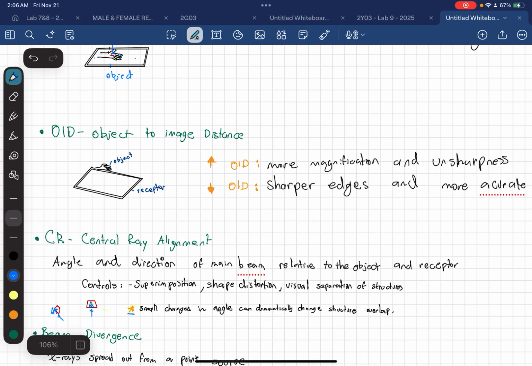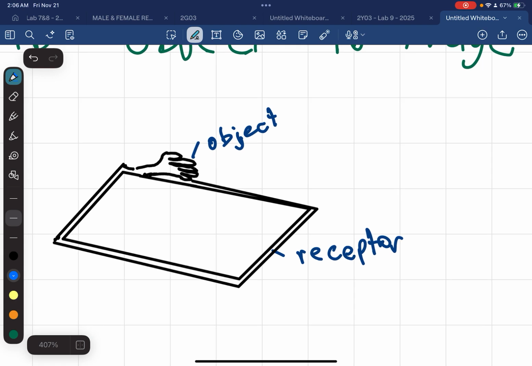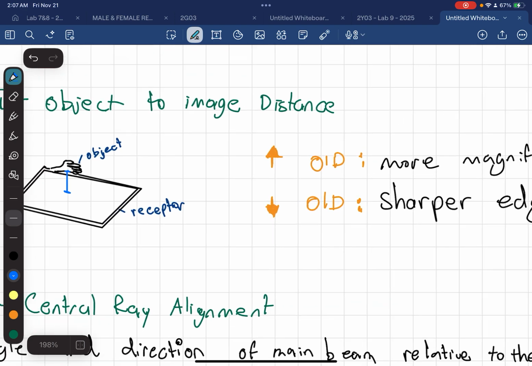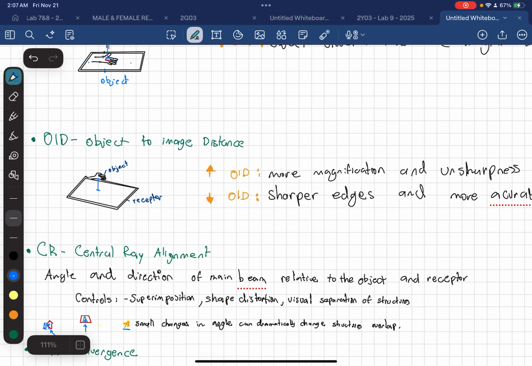Okay, now let's talk about OID. This is object to image distance. So again, we have our patient hand, and this is going to be our receptor. So the distance from the object to the detector, that's going to be OID. And if we have an increased OID, it's going to create more magnification and blur.